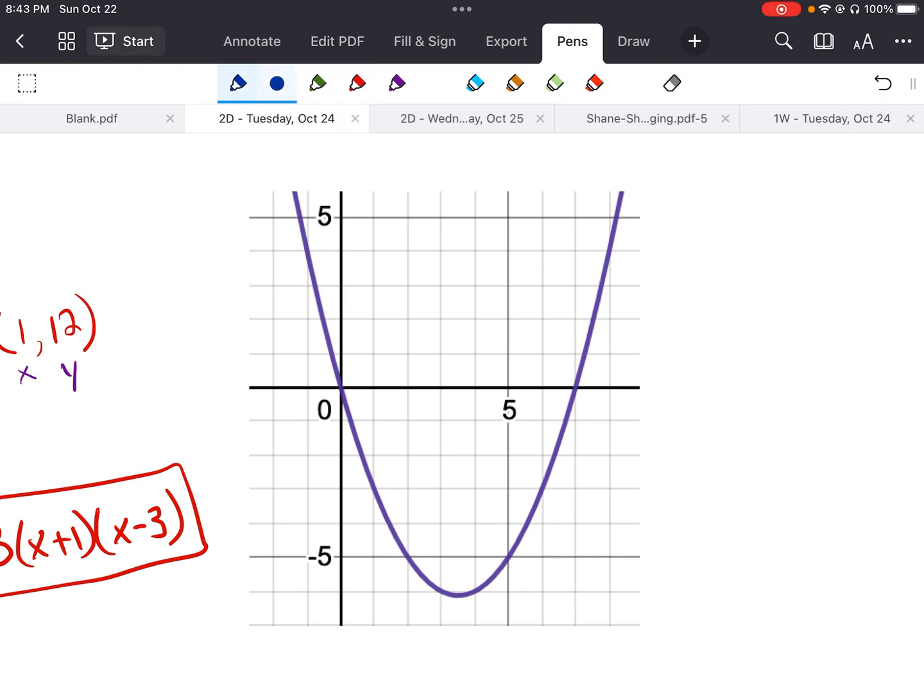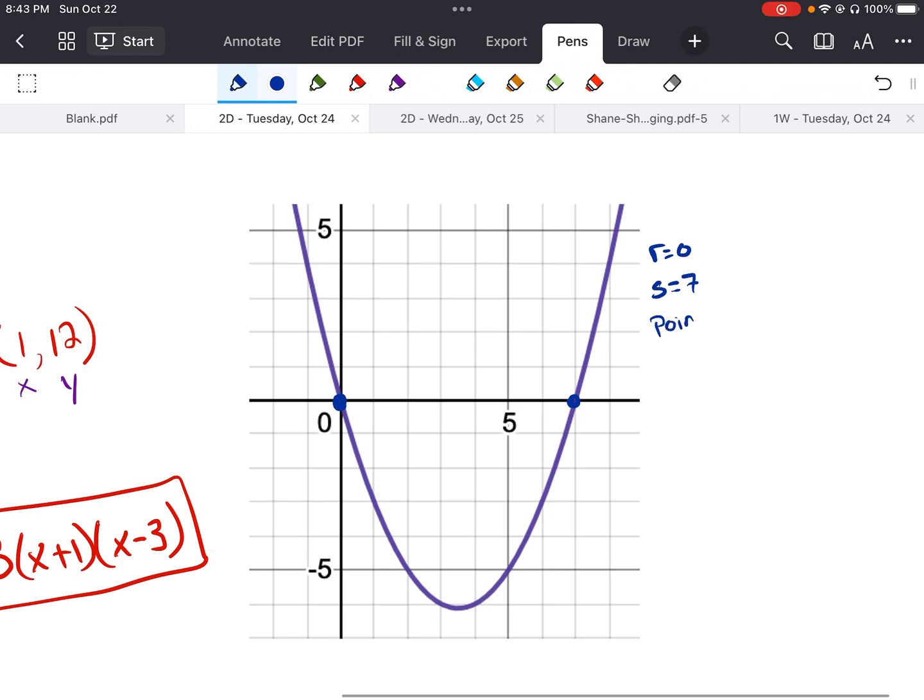Okay, over here, 2 x-intercepts, r is 0, s is 7, and let's use the point. The vertex goes through a decimal, so let's use this point at 6, negative 3. Okay, so negative 3 equals a, 6 minus 0 and 6 minus 7.